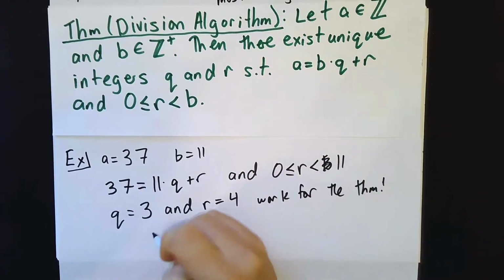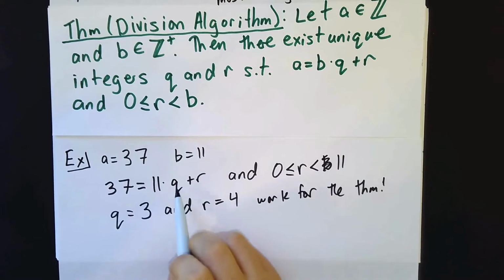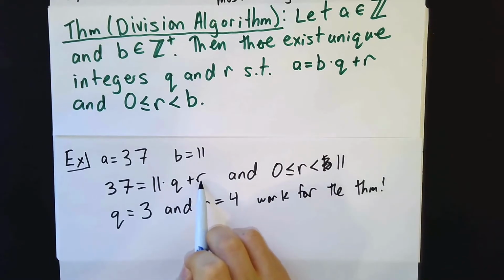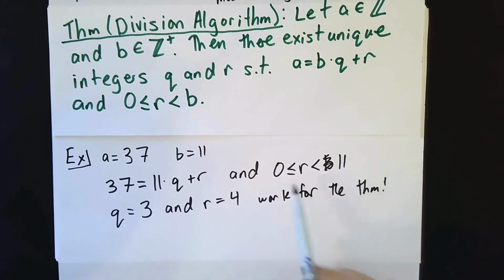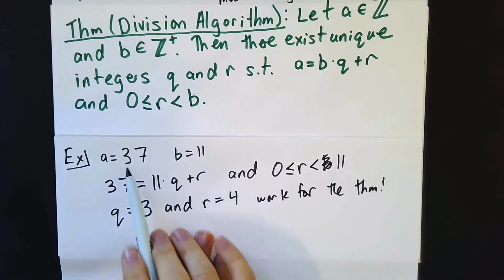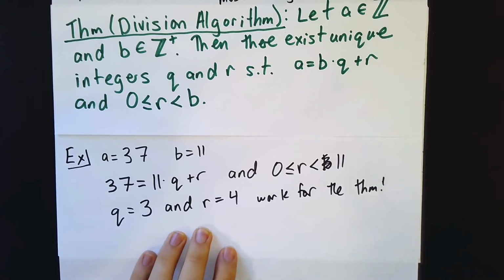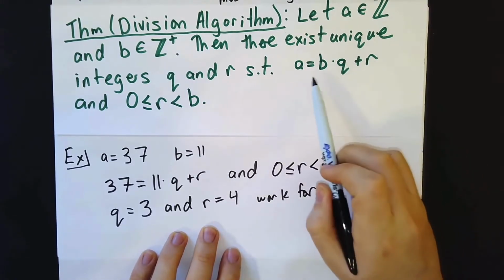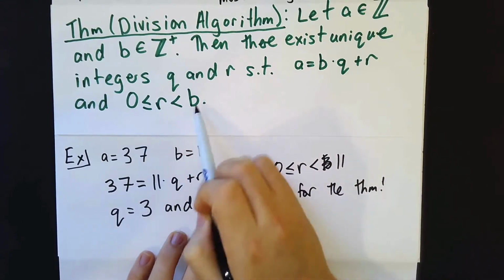Right? 11 times 3 is 33, plus 4 is 37, and 4 is between 0 and 11. So this theorem is saying I can always do that, no matter what two integers I start with. I can always find a matching pair, q and r, where a is b times q plus r, and r is between 0 and b.